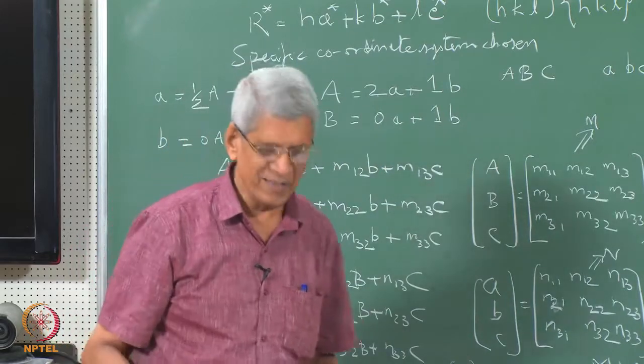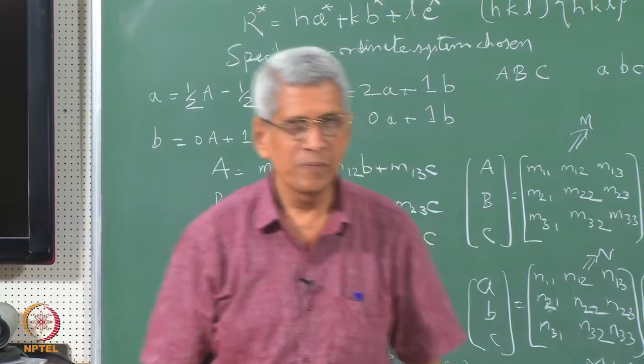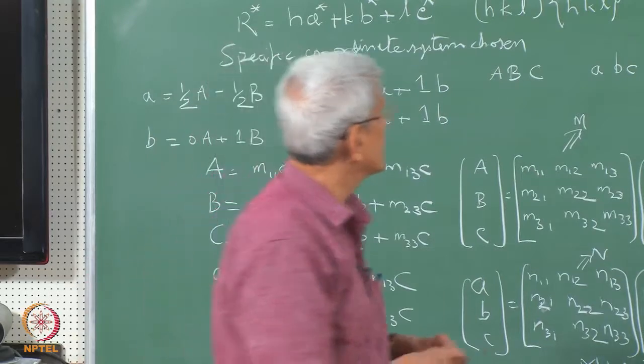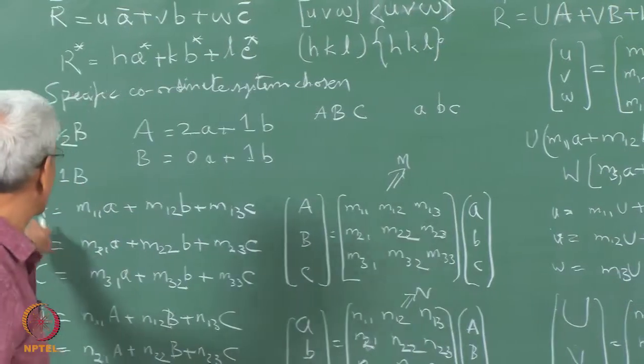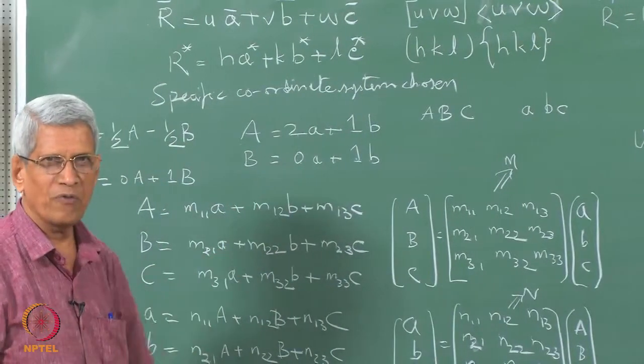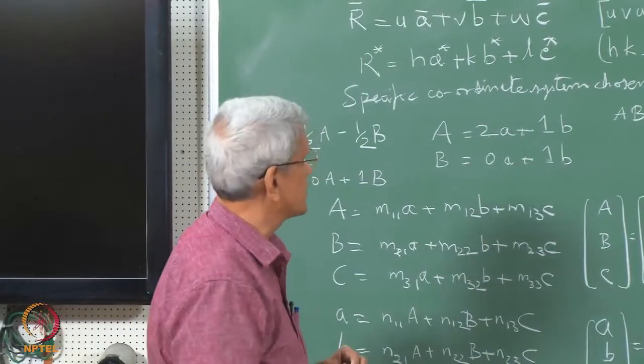Is this clear? Because here what we have done is substituted for A, B, C in terms of this one. Now we have found out the relationship.